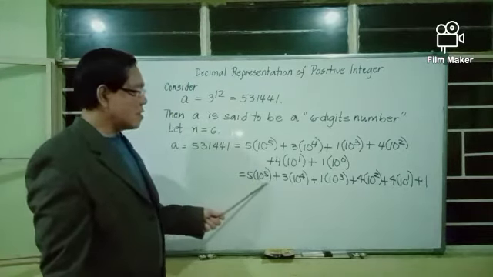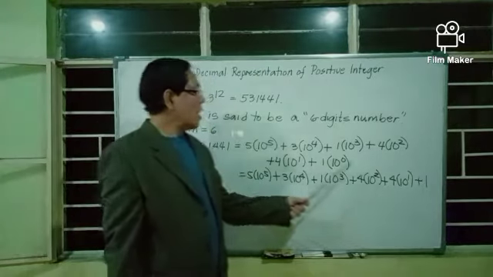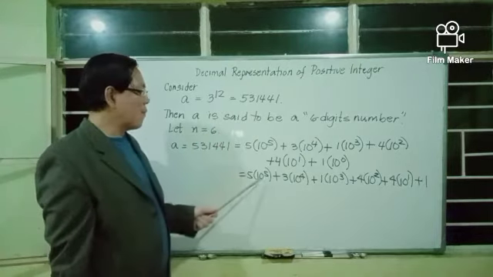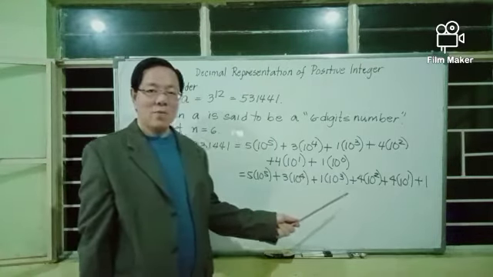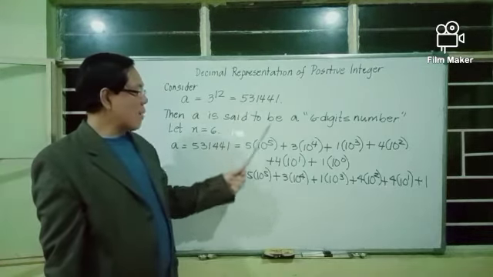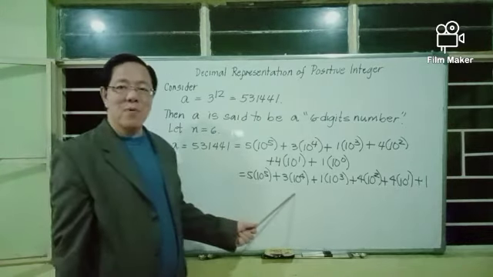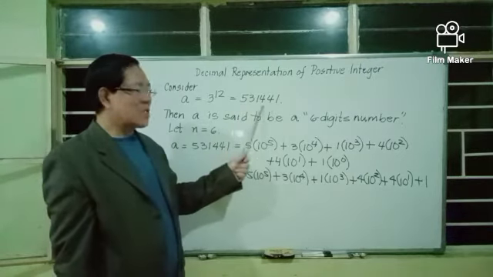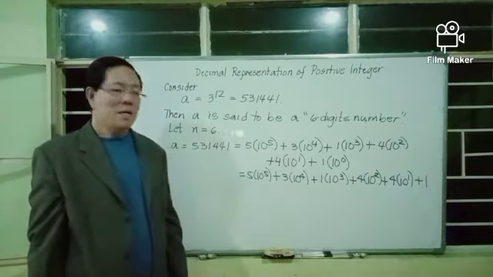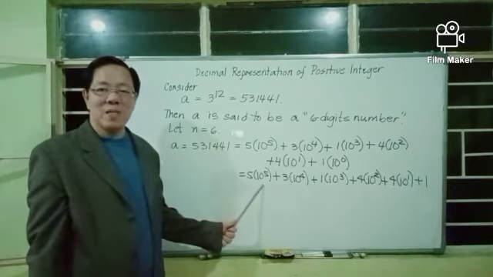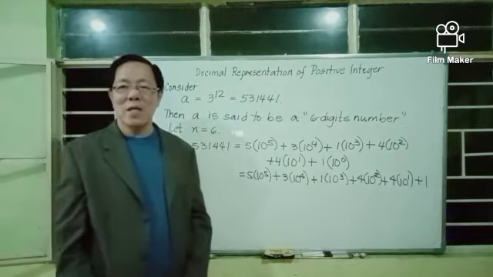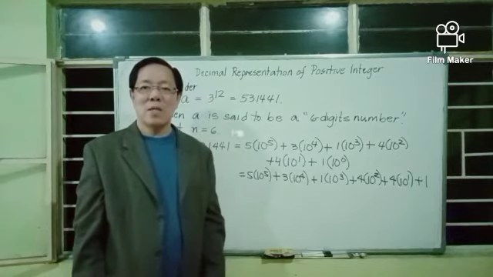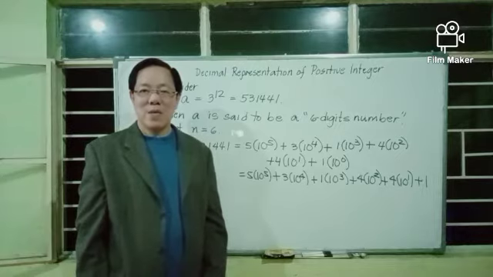Now this is a real number, and the reason why this is called a decimal representation of this number is that when you write this number in this form, each digit of this number is multiplied by a number with a base of 10. You recall that in the decimal system, the numbers are expressed with a base of 10.